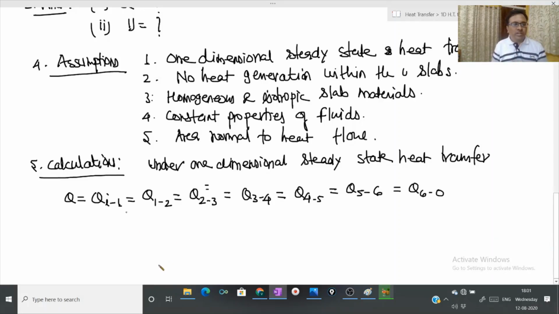So there will be 7 rates of heat transfer, 1, 2, 3, 4, 5, 6, 7.